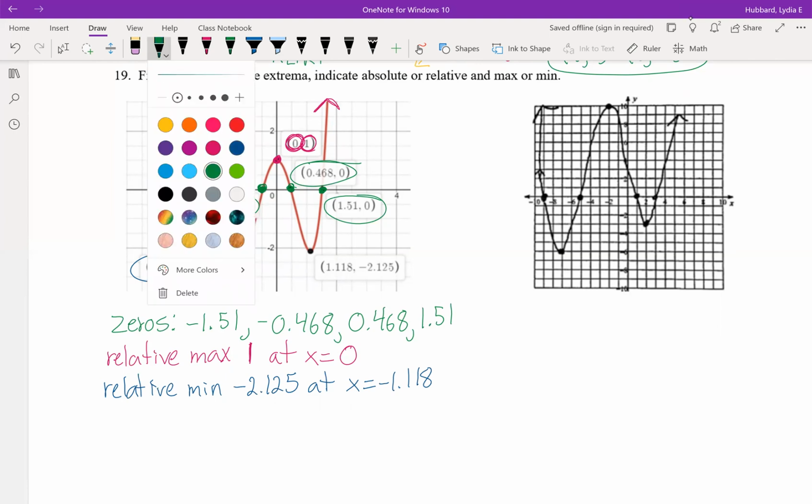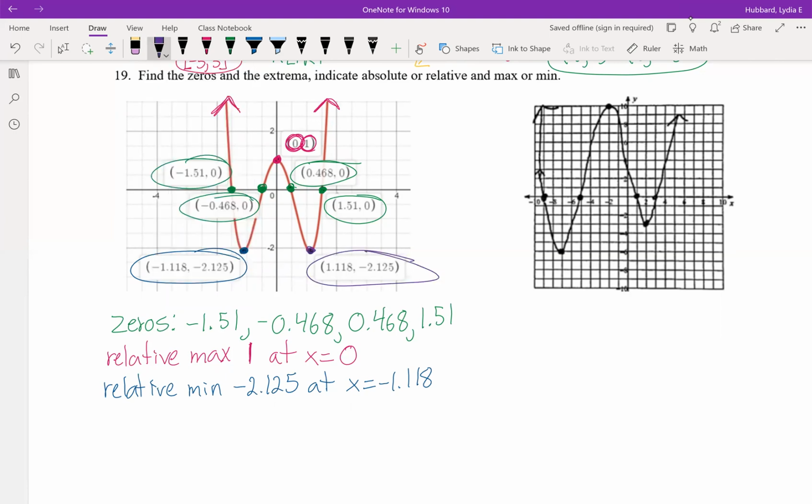Because we also have this relative minimum over here with this point, that is a relative min of the same value, -2.125, but it's actually occurring at x equals a positive 1.118. And so that's how we would list our zeros and the extrema, which are the maximums and minimums.